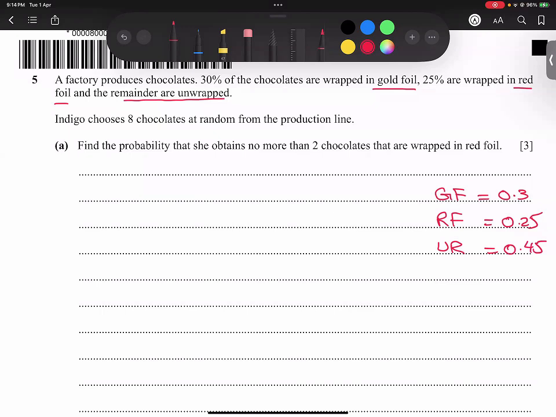All right. So what our question is asking here: Indigo chooses 8 chocolates at random from the production line. So N is 8. All right. So find the probability she obtains no more than 2 chocolates that are wrapped in red foil. Okay. So no more than 2.